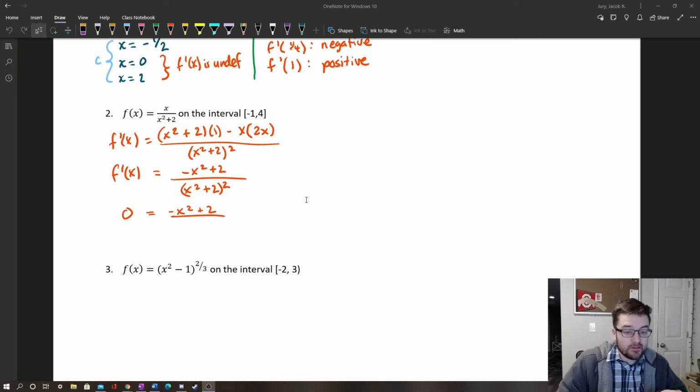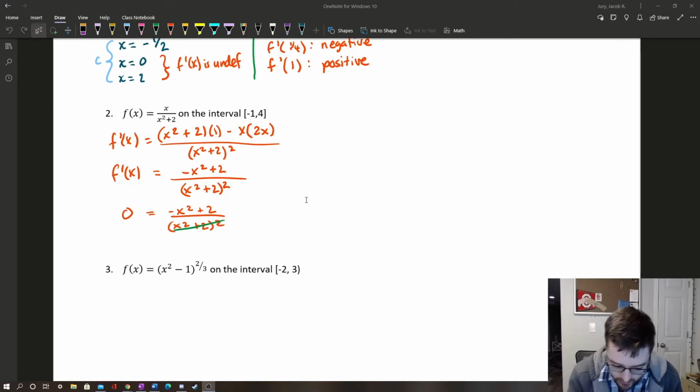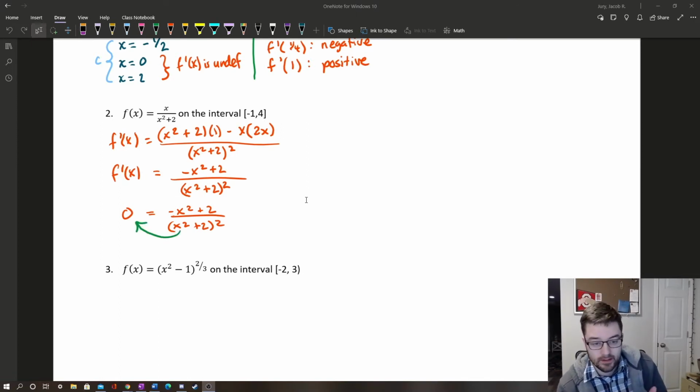Now, this still looks really complicated, but we don't have to be afraid of this denominator, which is honestly the most scary part, because that denominator, x squared plus 2 squared, when we solve for x here, and we've set it equal to 0, then we multiply the denominator over to the 0, and then it just becomes 0, it all goes away.